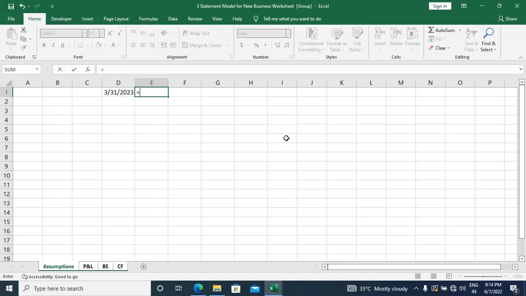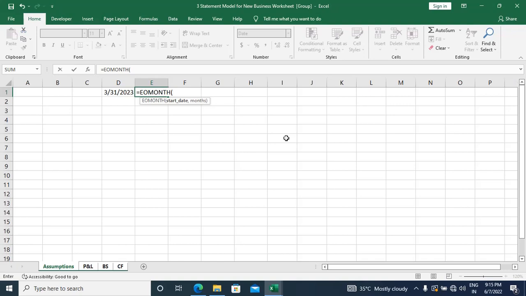Now press equal to, the end of month formula we will use here, EOM. Very shortly I took you through this formula also in the second session of Excel, towards the end, before the EMI calculation.